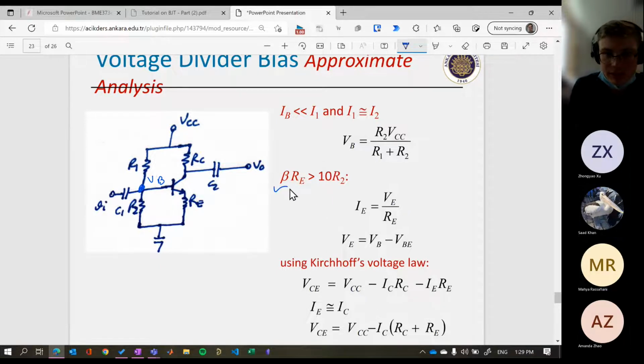Assuming that beta RE is bigger than 10 times R2, we can just say that the current through here is this voltage on that. That's always true. Then the voltage at the emitter is that, and this voltage is that minus this drop.